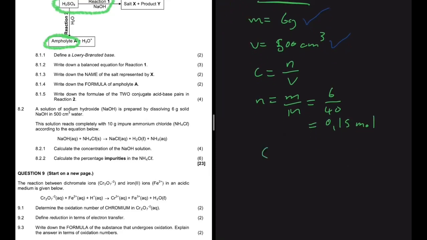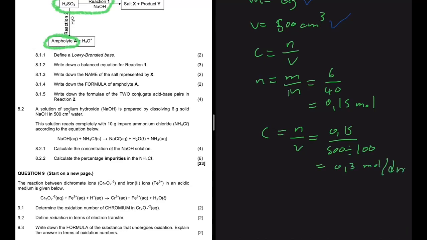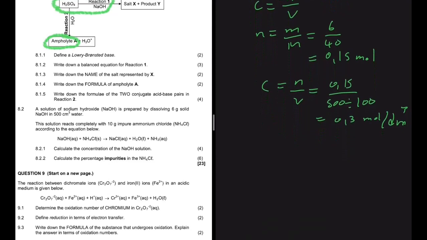Now we can say that the concentration is equal to the number of moles divided by the volume, 0.15 divided by 500 centimeter cube, which you're going to divide by 1000 to convert to decimeter cube. So we get a concentration of 0.3 moles per decimeter cube.